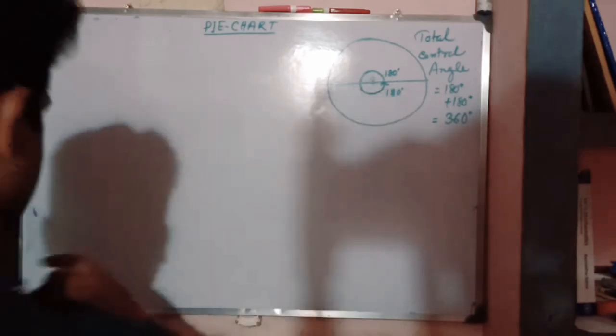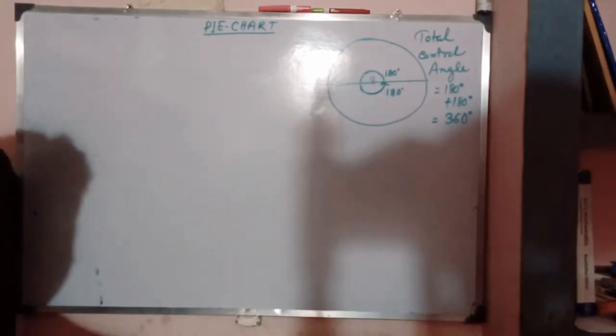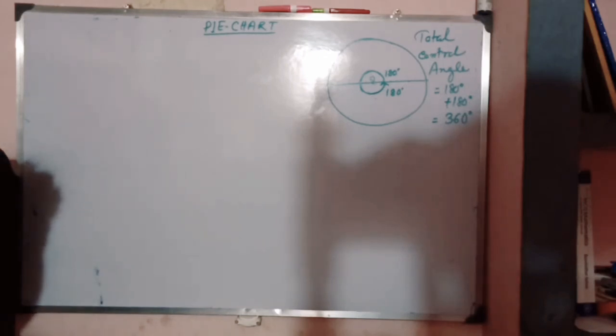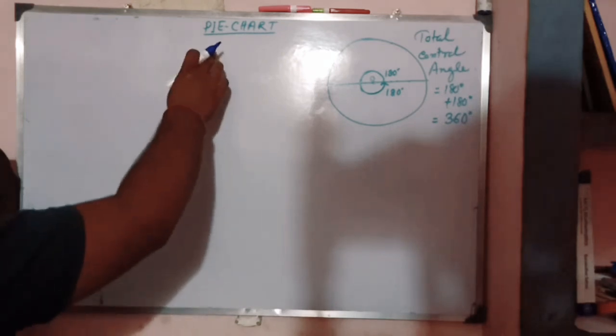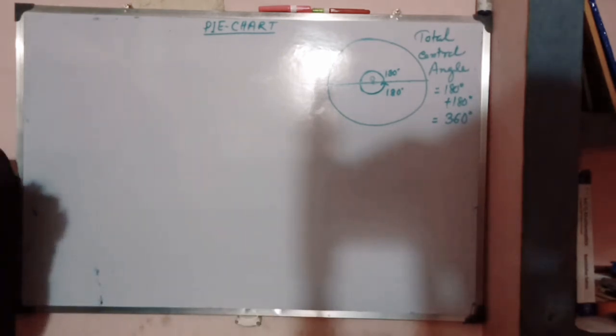Now coming to pie chart. What do we do in a pie chart? In a pie chart, the various observations or components are represented by sectors of a circle.